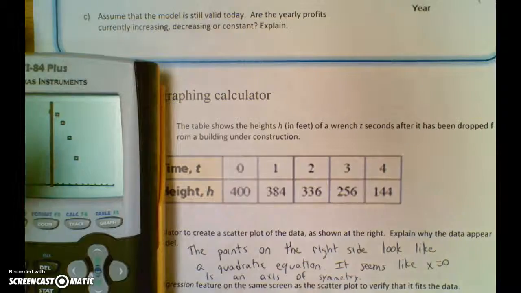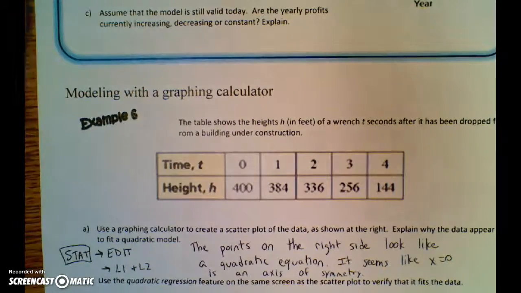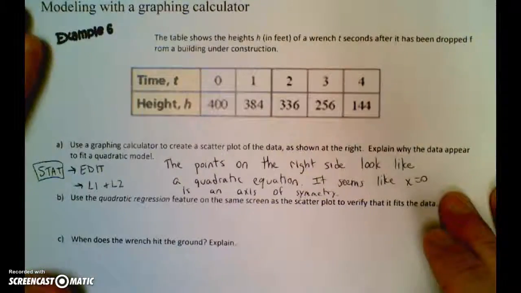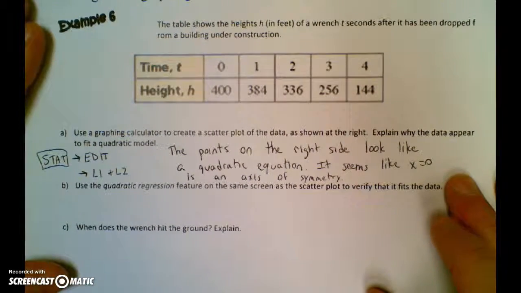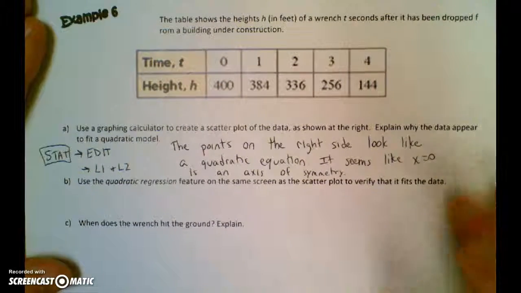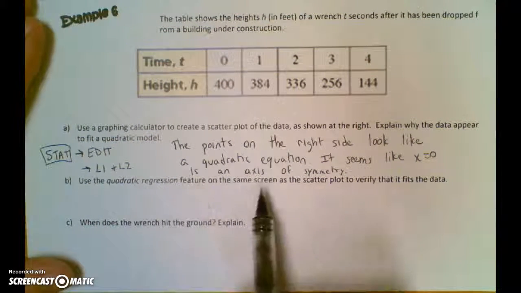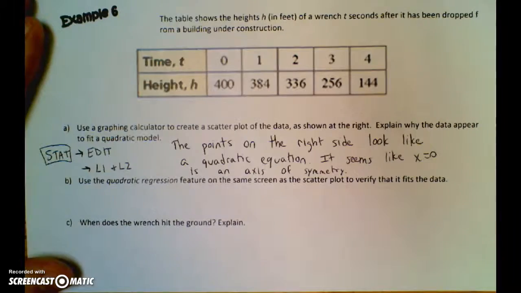Alright, next question. Your calculator has the ability to come up with the equation given the information we input onto the scatter plot. So it says use the quadratic regression feature on the same screen as a scatter plot to verify that it fits the data.